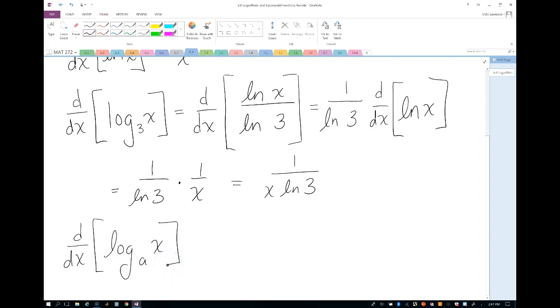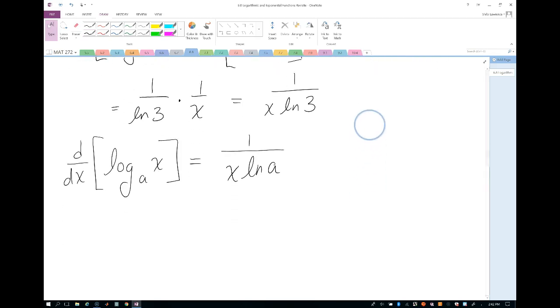So no matter what the base is, you see that all that happened to the 3 here is it ended up as a natural log of 3 in our denominator. So for any log base a of x, the derivative would be 1 over x times natural log of a.